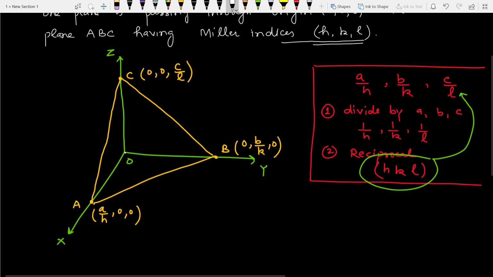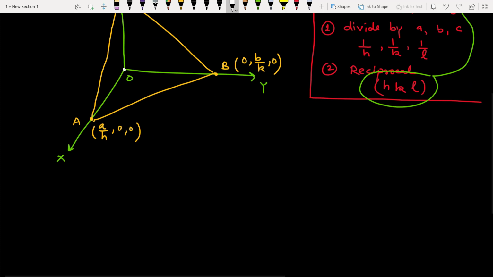Second plane is the plane passing through the origin. So firstly we try to find the equation of ABC plane using mathematics.